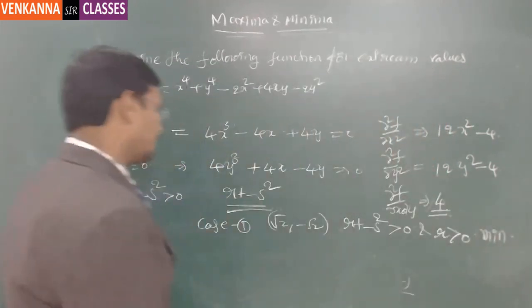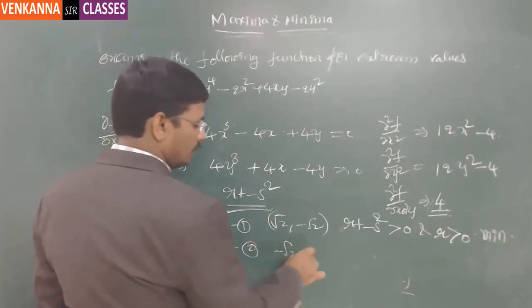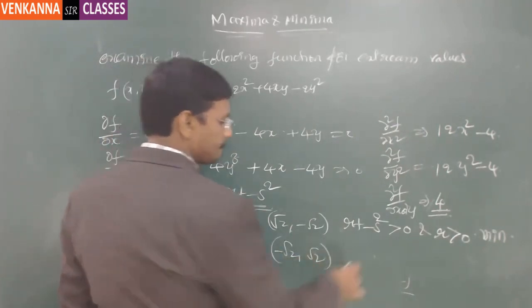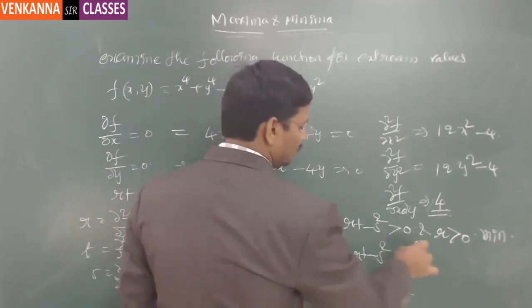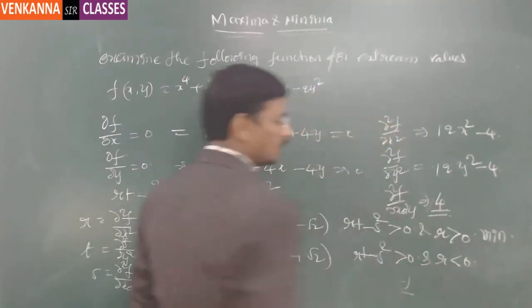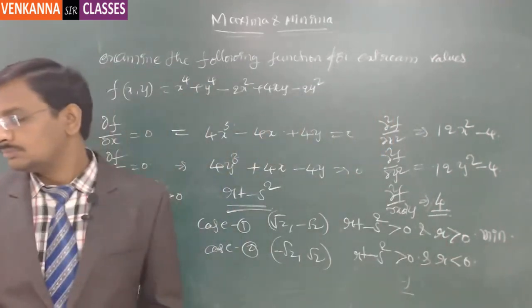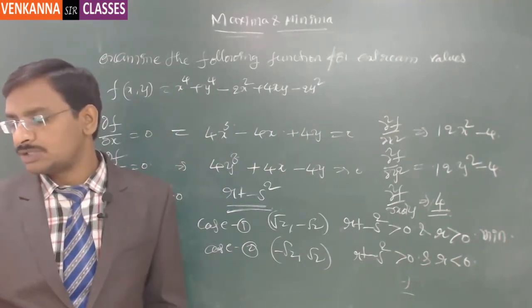And then case 2. This is minus root 2 comma root 2. Now rt minus s square, I think it is positive only. And r value, is it less than 0 or greater than 0?